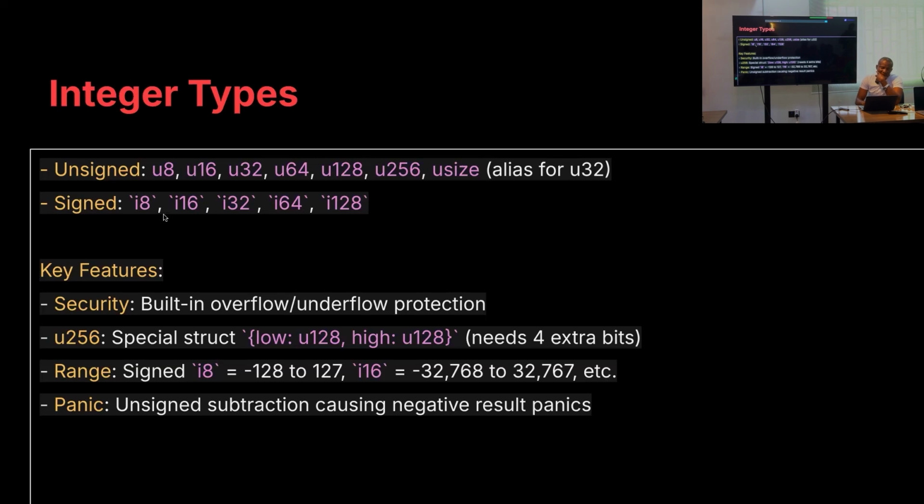For the signed integers, we have I8, I16, I32, I64, I128. Who can tell us how the range of a signed integer is gotten? If 2 raised to power 8 minus 1 is the upper bound of the unsigned, what is the signed integer?